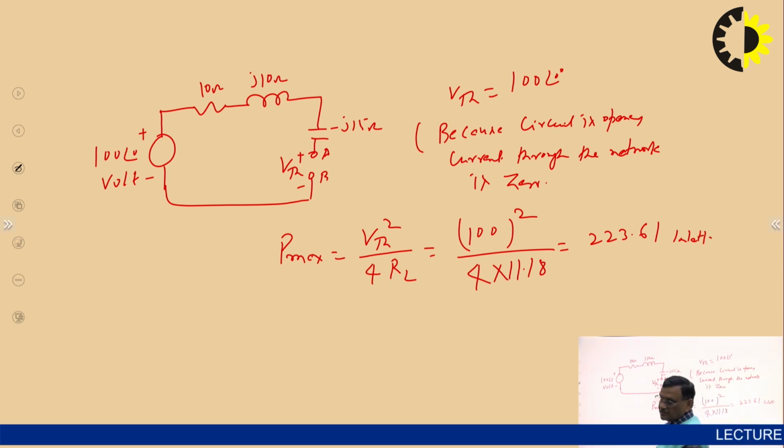So this is the way we can carry out problems on the maximum power transfer theorem. So what is the summary?